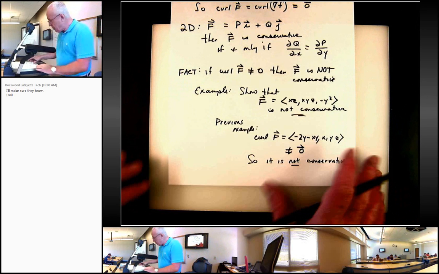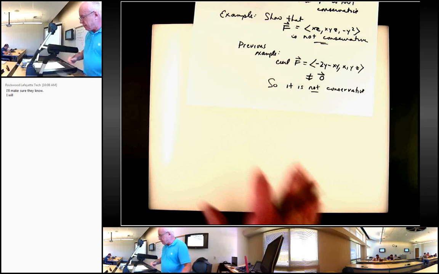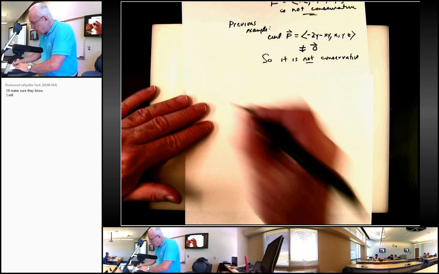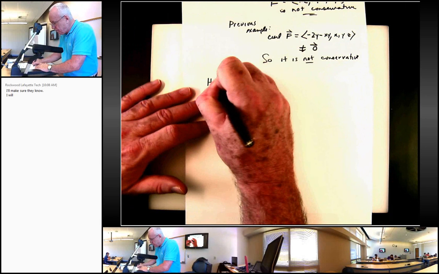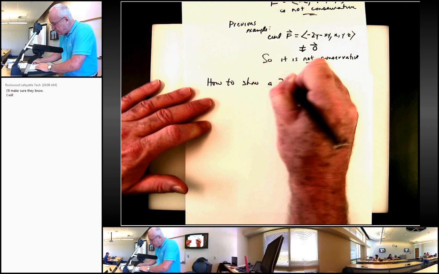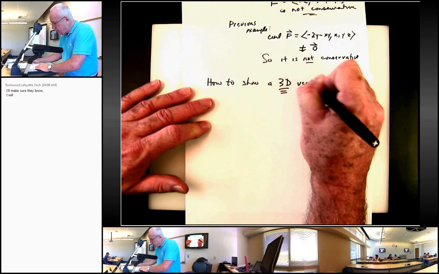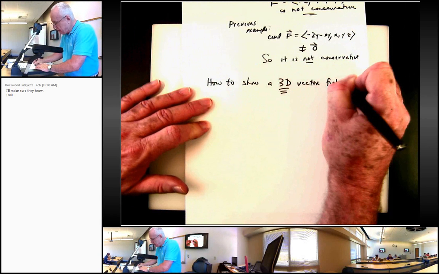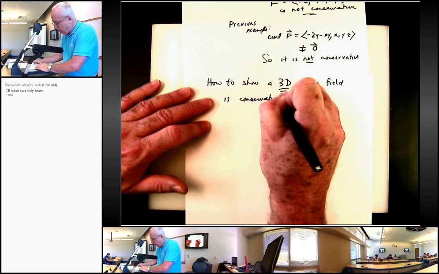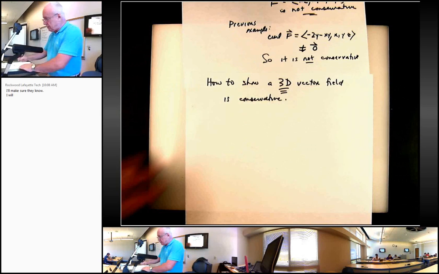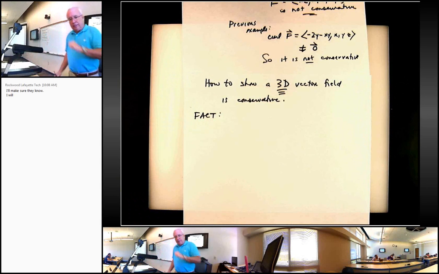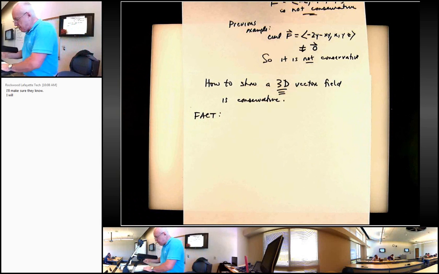So then let me put this next fact down, which is something I've already stated verbally. So this is how to show a 3D vector field is conservative. Okay, we use this fact. And this fact kind of works in the other direction.